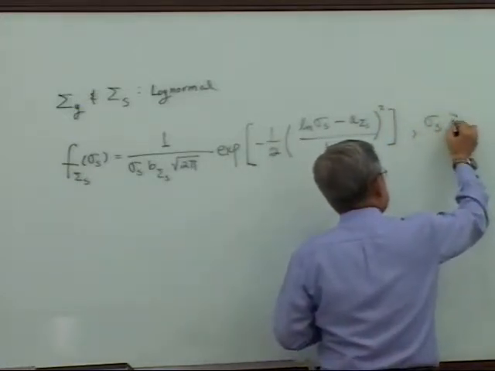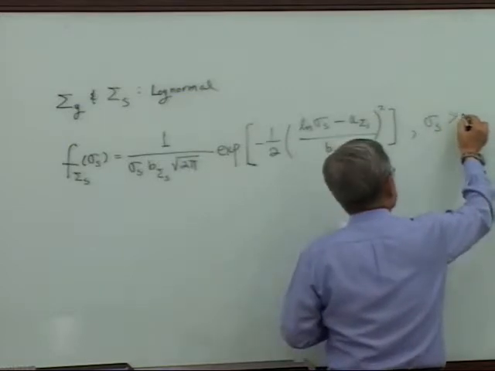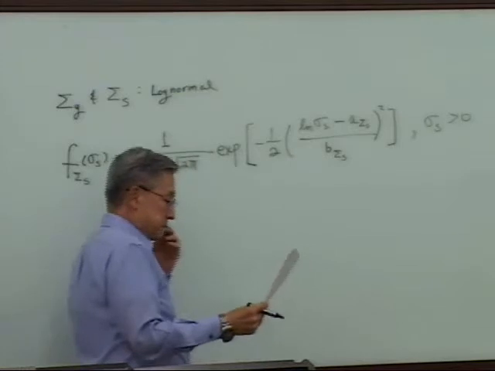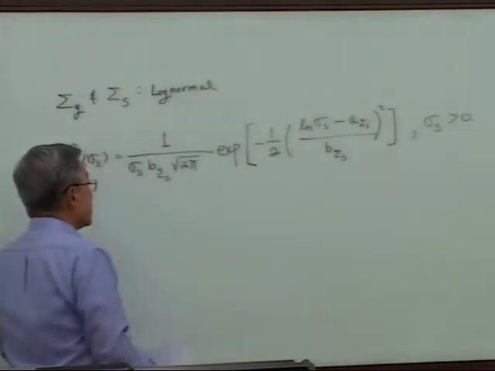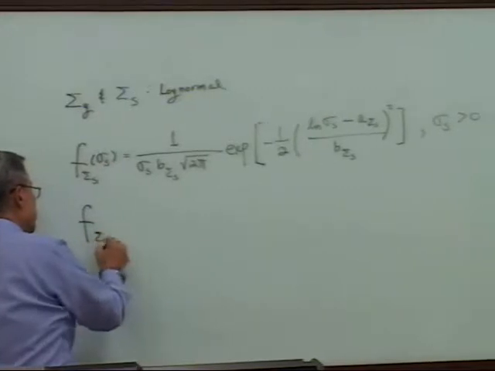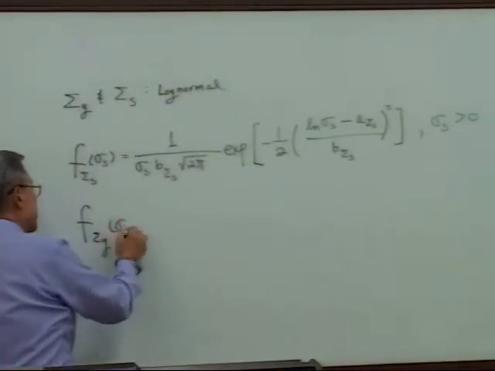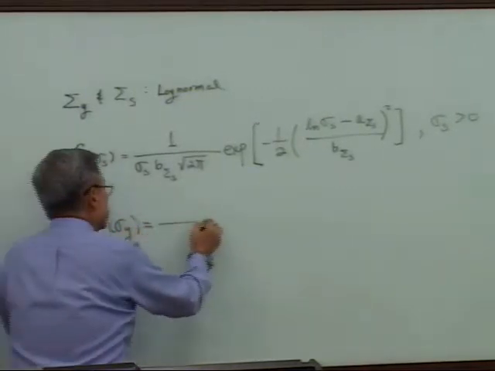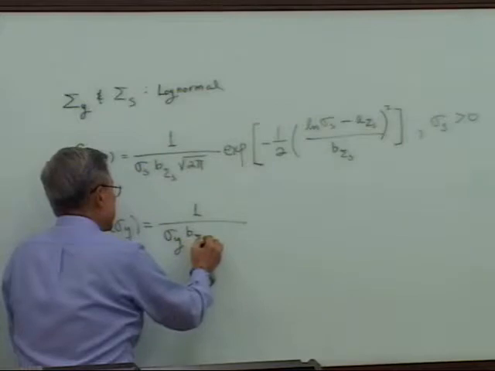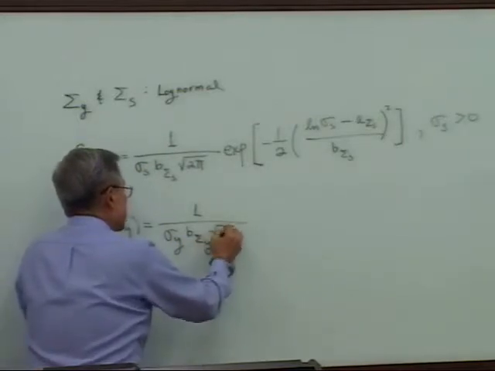Sigma s is greater than 0. Of course, you can also write it for the yield stress, and it's almost identical, with B sigma y and square root of 2 pi.